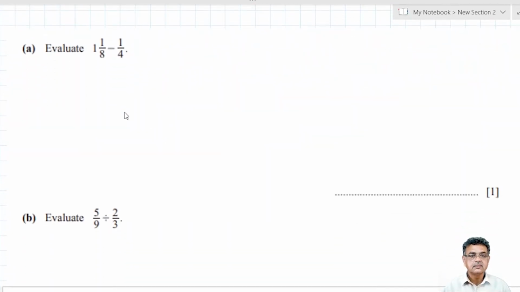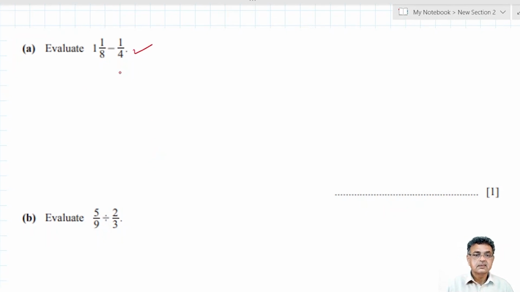Now next question. One thing keep in mind that we are not going to learn questions. This is not a matter of learning questions, but you should learn the techniques used in these questions.